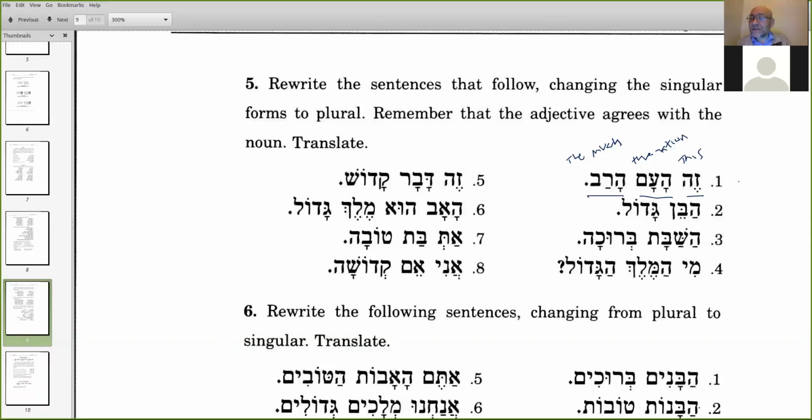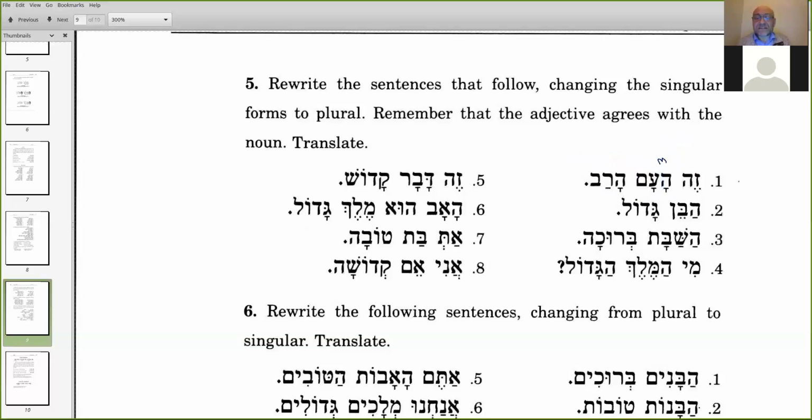If you're talking about this is the abundant nation, we need to make it say these are the many nations. We need to say these, right? Because we're going to change ha'am to ha'amim. And we need to change this descriptive word, harav, that's our adjective. We need to make that reflect plurality and masculinity, because am is masculine, right?